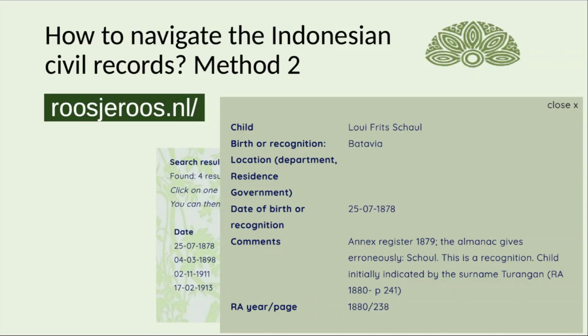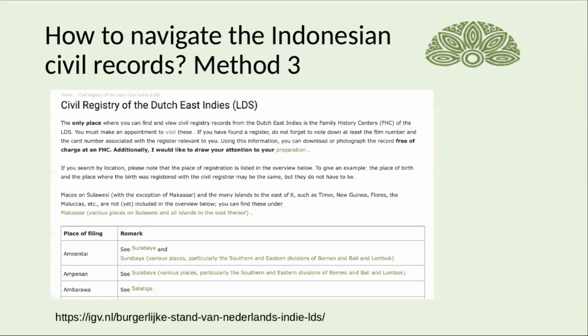But you can combine this method, Roosjeroos, with method three, and that's also an IGV initiative by Dennis van der Jaagt. He made an index of whatever the LDS Church has photographed in the Dutch East Indies. This is the website, IGV, Burgerlijke Stand van Nederlands-Indië, LDS.